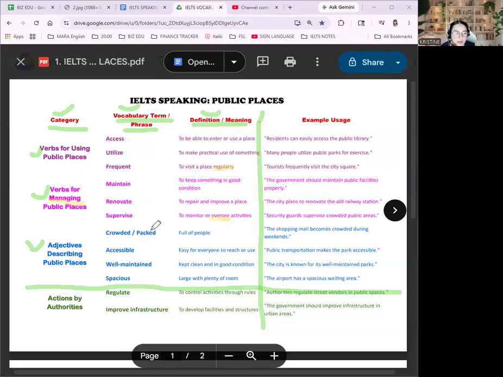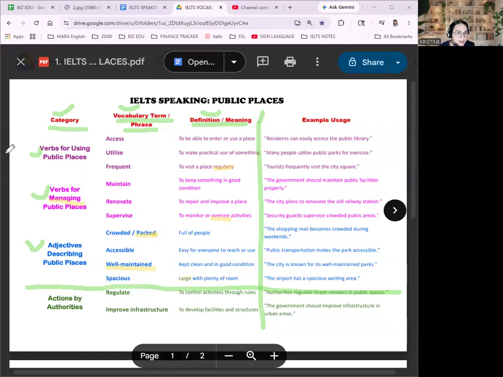Very good. Next, packed. Make sure that the ed sound here should sound like T, packed. Much better. The next one is well maintained. Then the next one, large. Okay, thank you.